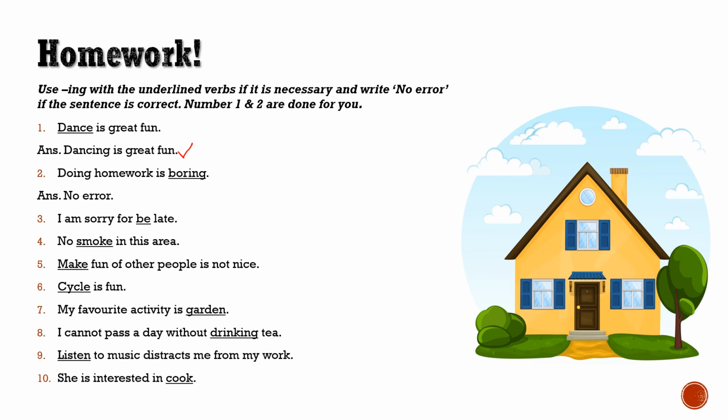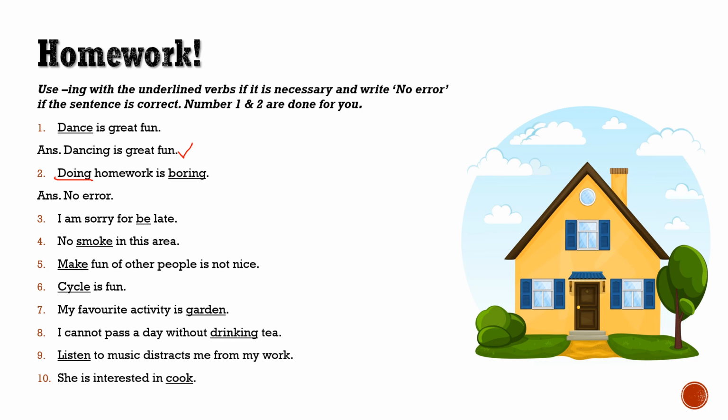So in this case you can see in the first word I have added ing, right? Doing, as we have formed a noun with adding ing with the verb do. It is a gerund and it has taken the place of the subject in this sentence.